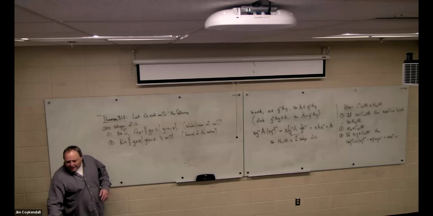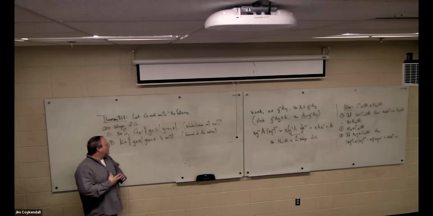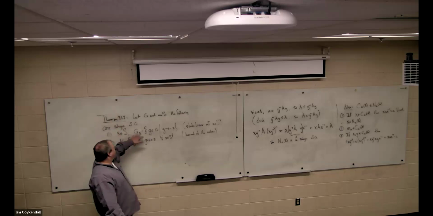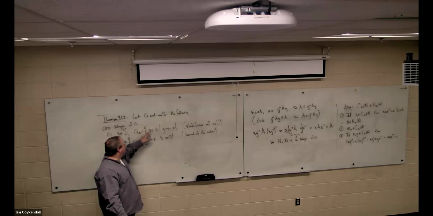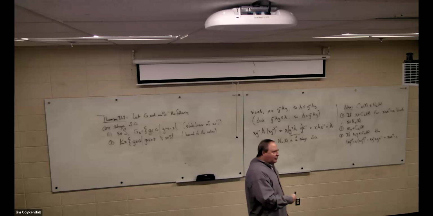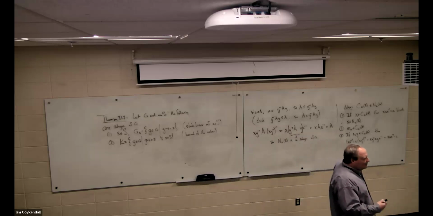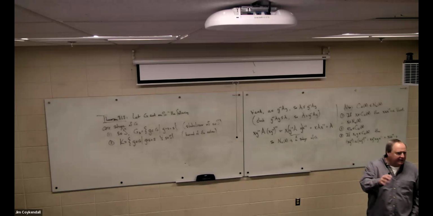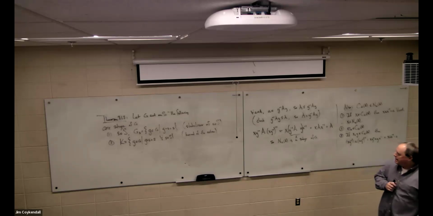So let me distinguish between these two. Pick your favorite element out of S. It's got some element in it. Now look at everything in the group that leaves it alone under this action. This is called the stabilizer of s, and I think the terminology is suggestive. Stabilizer means it's just everything in the group that leaves that thing alone.